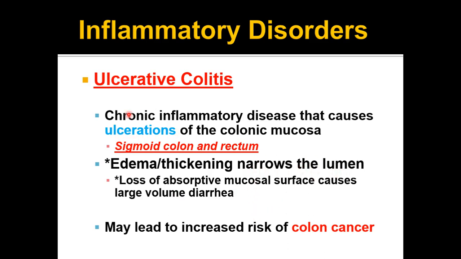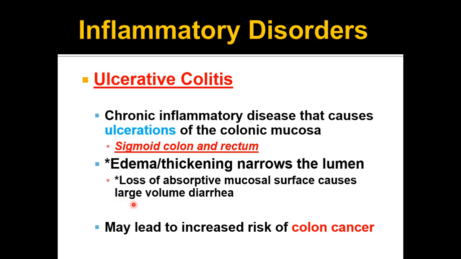As it ulcerates and becomes thick, swollen and edematous, these are all inflammatory characteristics, and that creates a situation where we're losing surface area for absorption. If you remember, we're absorbing water and electrolytes from the colon.